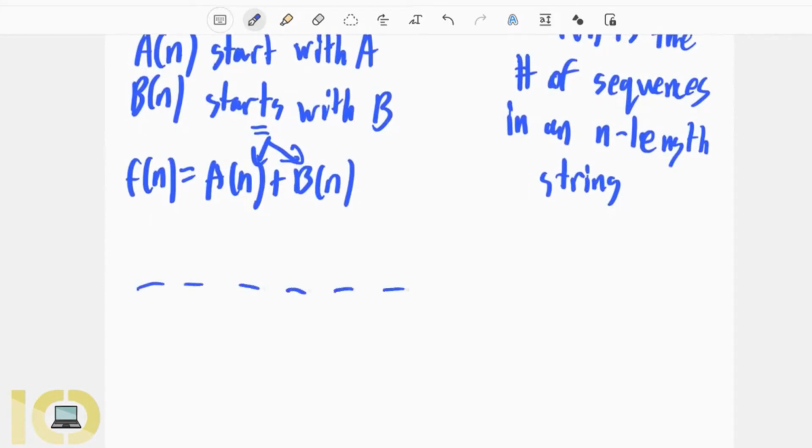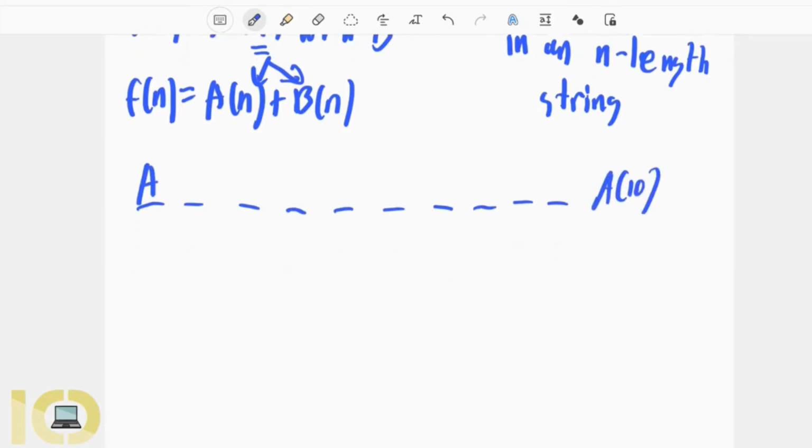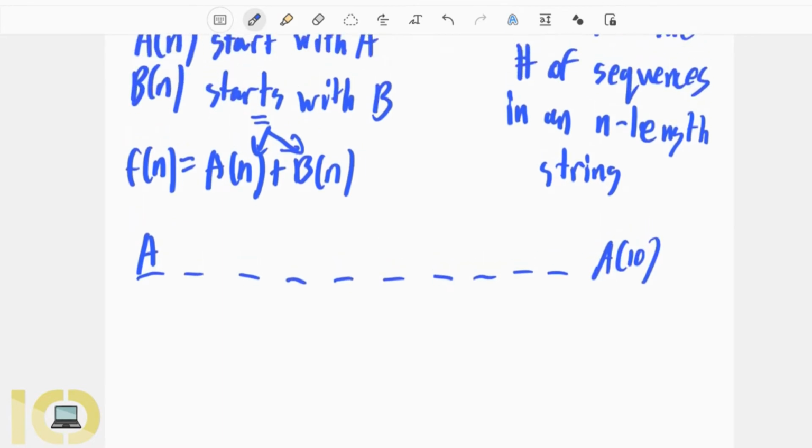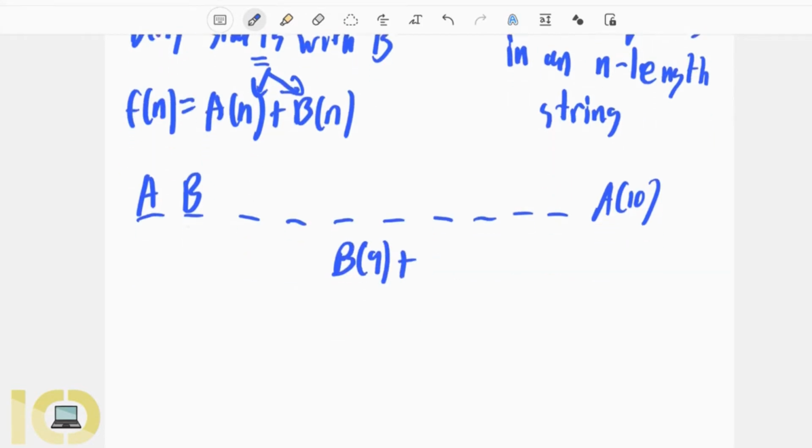So this is A of 10 right here. So how many ways can the sequence progress? So first of all, we just have when this is equal to B. So this would be B of 9. Now, we also have the case where this is an A, this is B, so we have B of 8 here.